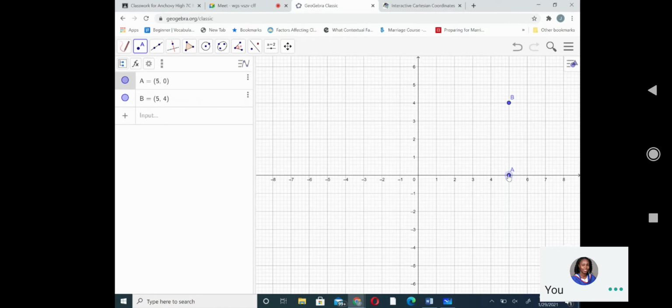Right. And then the other point would be what? The 4, right? The 4 represents movement on the y-axis. And what direction are we moving in? Up or down? How do we know it's up?